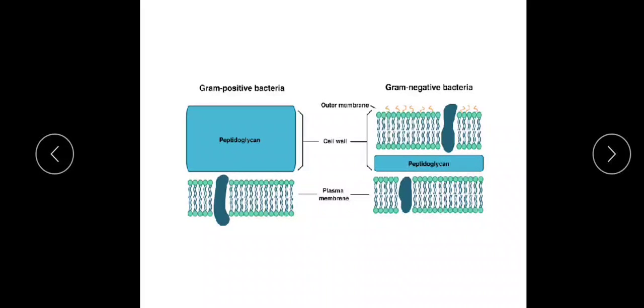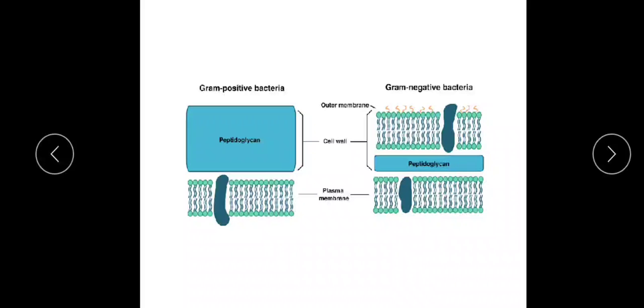The cell wall of bacteria is multi-layered and its chemical composition is different from that of plant cells or fungal cells. It is not made up of chitin or cellulose, but of a network of murein, and this murein is a heteropolymer.